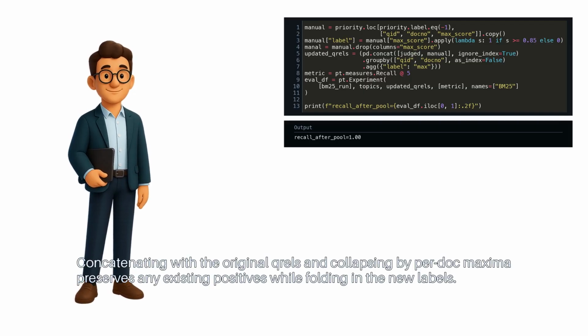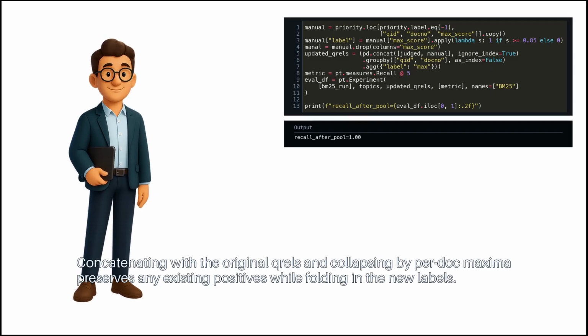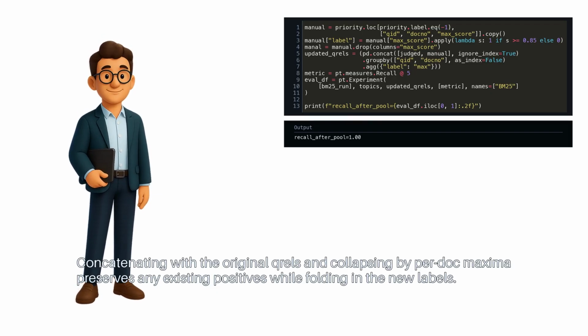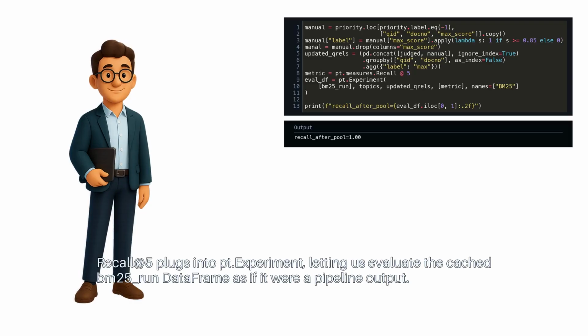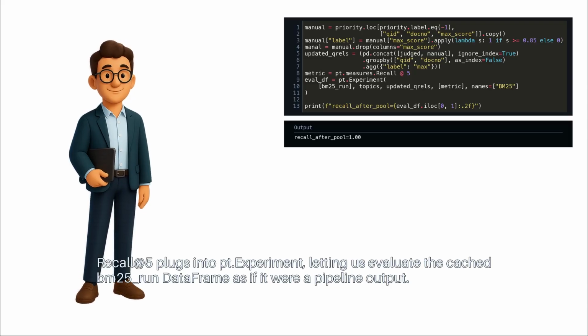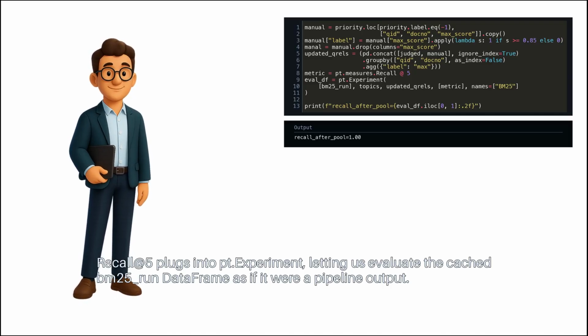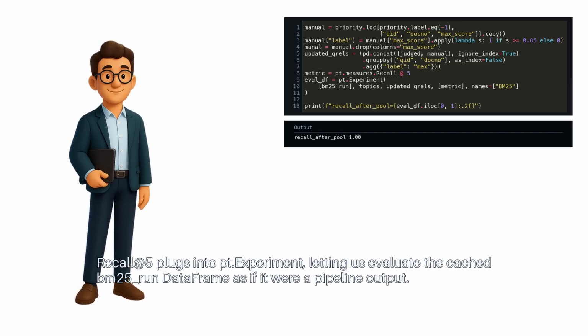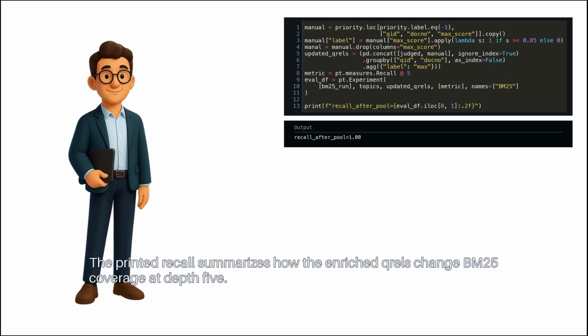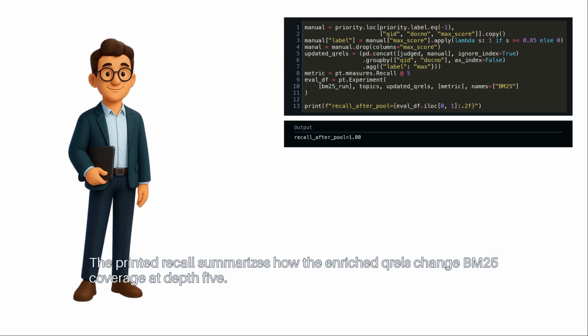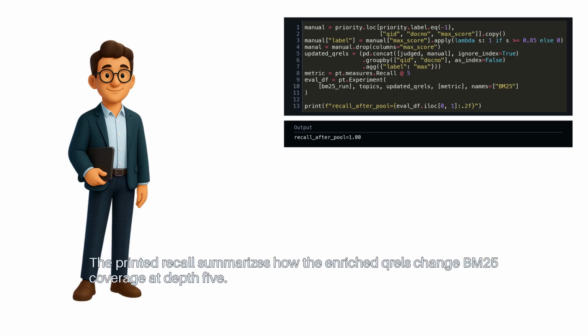Concatenating with the original Qrels and collapsing by per-doc maxima preserves any existing positives while folding in the new labels. Recall at 5 plugs into pt.Experiment, letting us evaluate the cached BM25 run DataFrame as if it were a pipeline output. The printed recall summarizes how the enriched Qrels change BM25 coverage at depth 5.